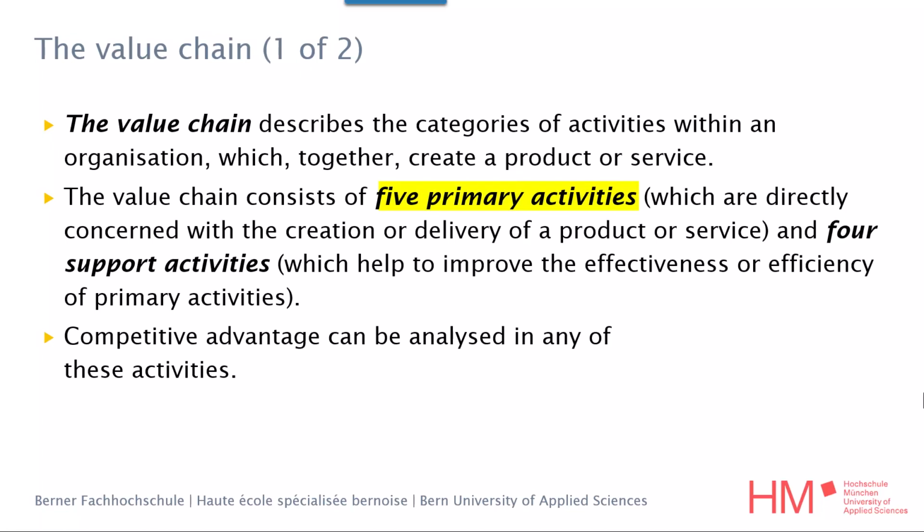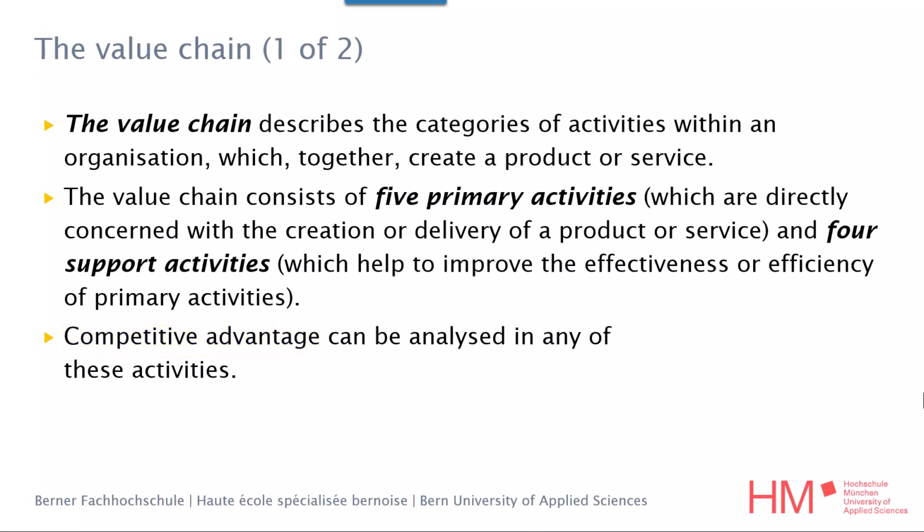If you don't do these, you don't have a product or a service. Then the 4 supporting activities help to improve the effectiveness or the efficiency of the primary activities. They are supporting and facilitating improvements in the basic core activities that the company carries out. And essentially, competitive advantage can be analysed through any of these activities.